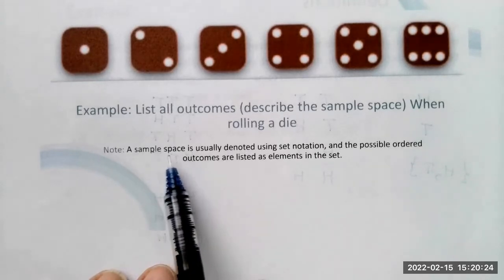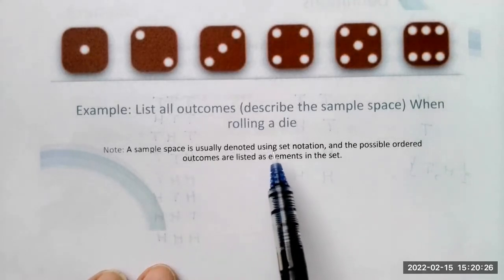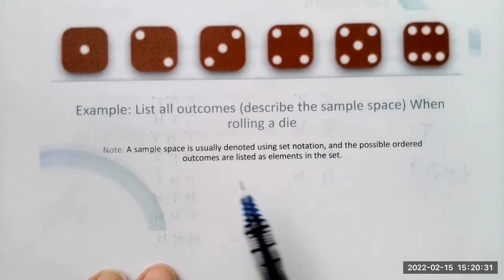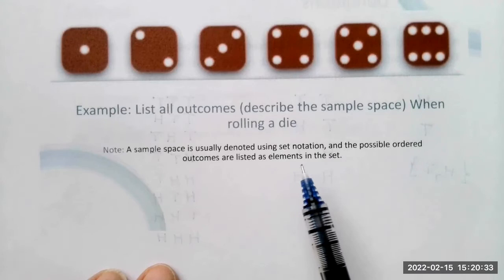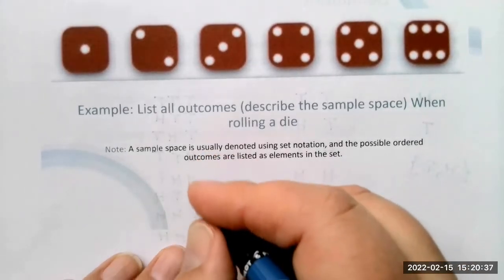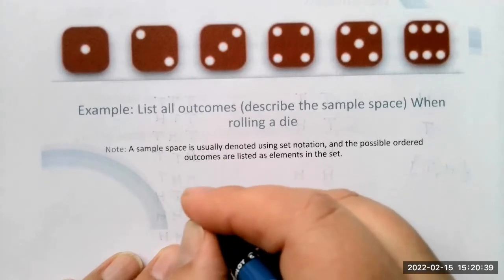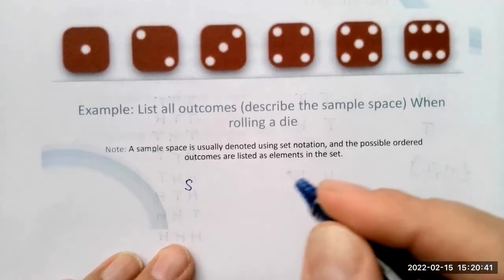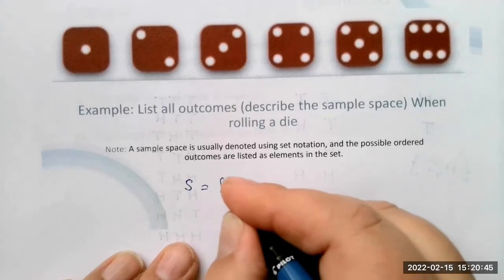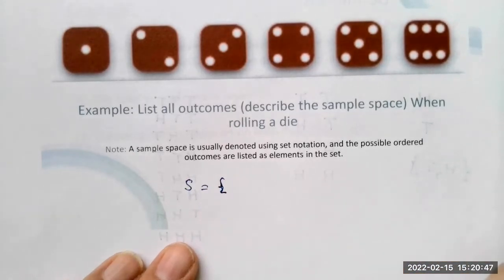Note that a sample space is usually denoted using set notation, and the possible outcomes are listed as elements in the set. So the sample space set is usually denoted by S, and we're going to open curly brackets and list all the possibilities.